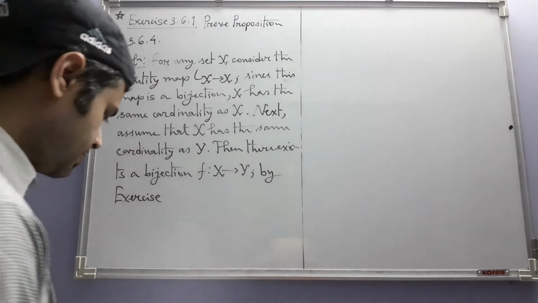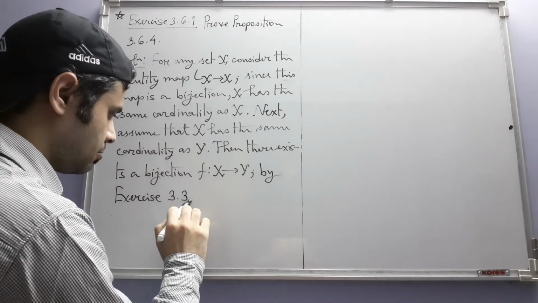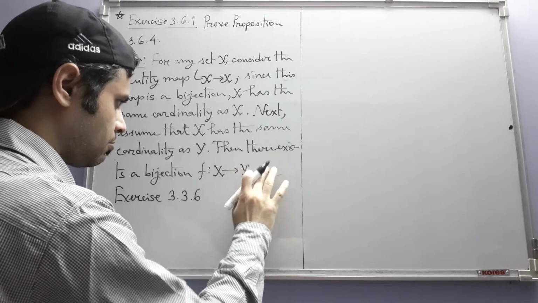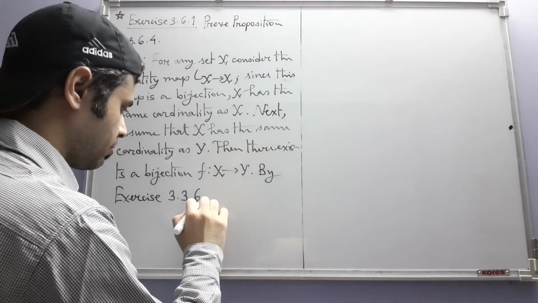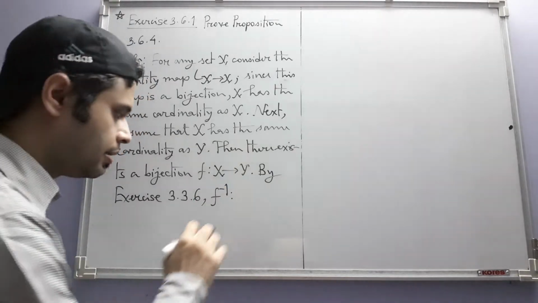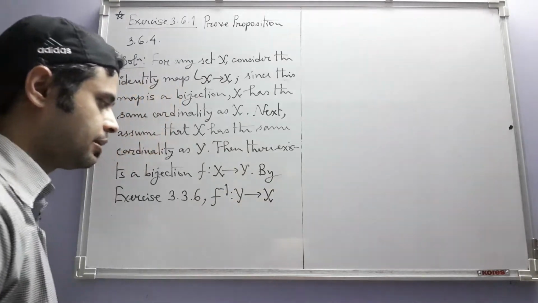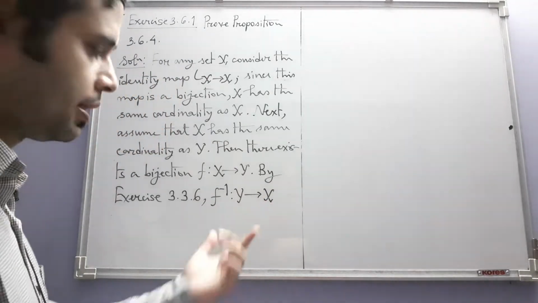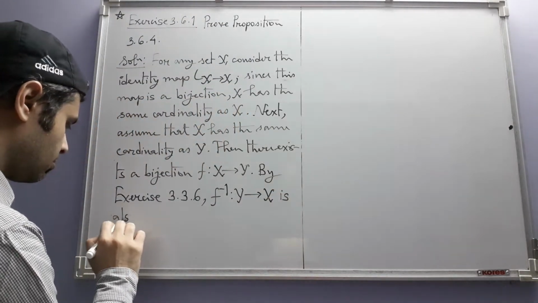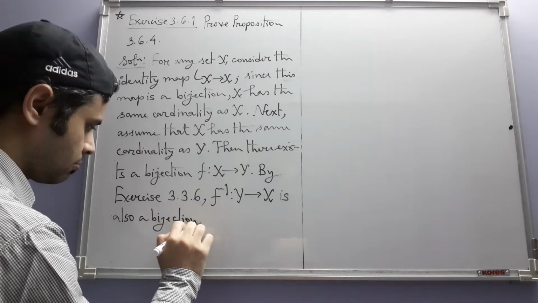By exercise 336, the inverse map, first of all, such a thing exists because f is a bijection, and the other fact is that the inverse itself is also a bijection.